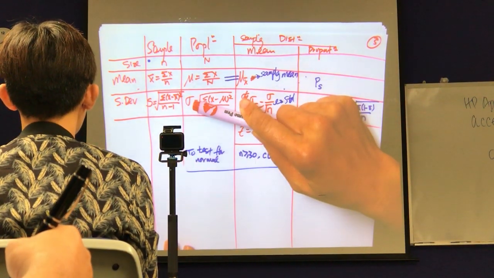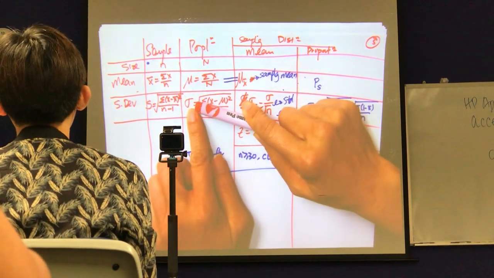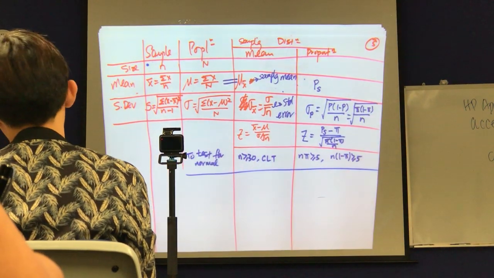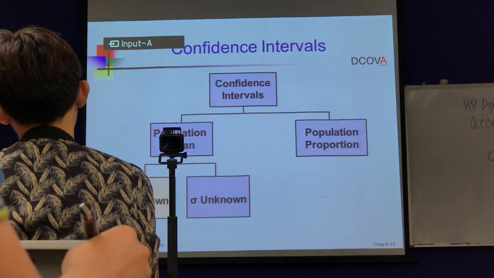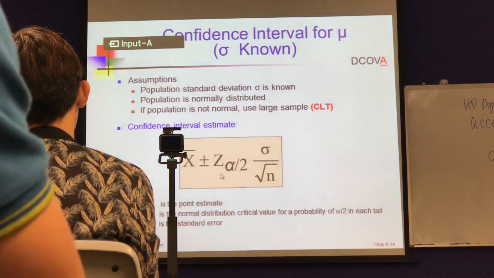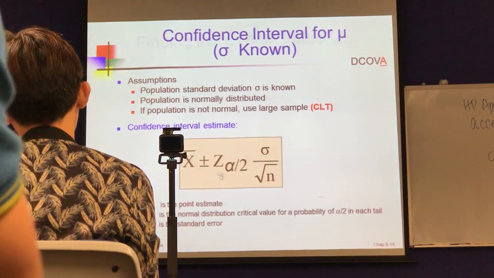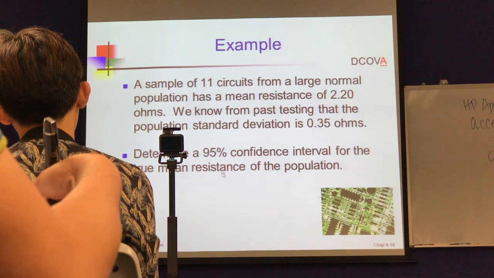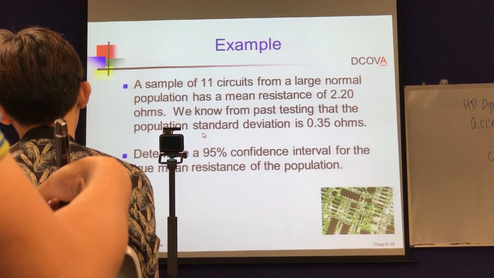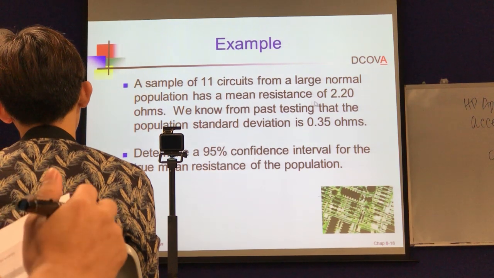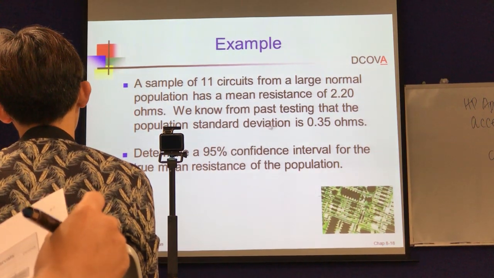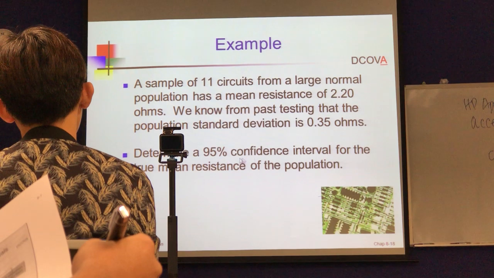Sigma. When sigma is known, what do you use? You use Z. So you use the Z table, and n is 11, X bar is 2.2, and 95% confidence interval.